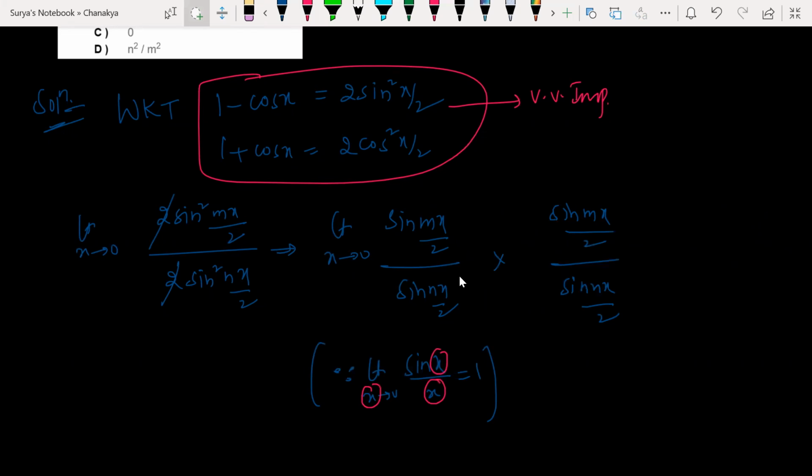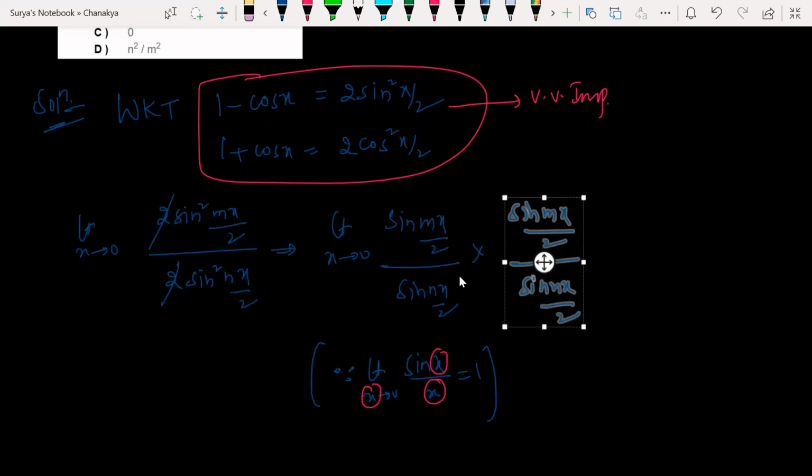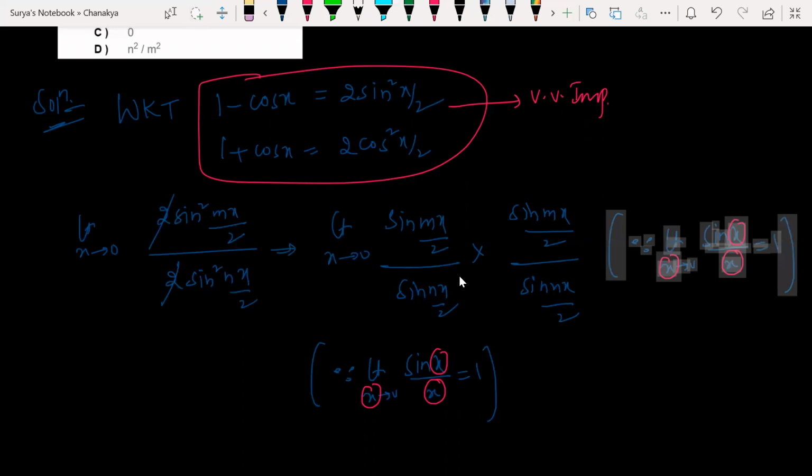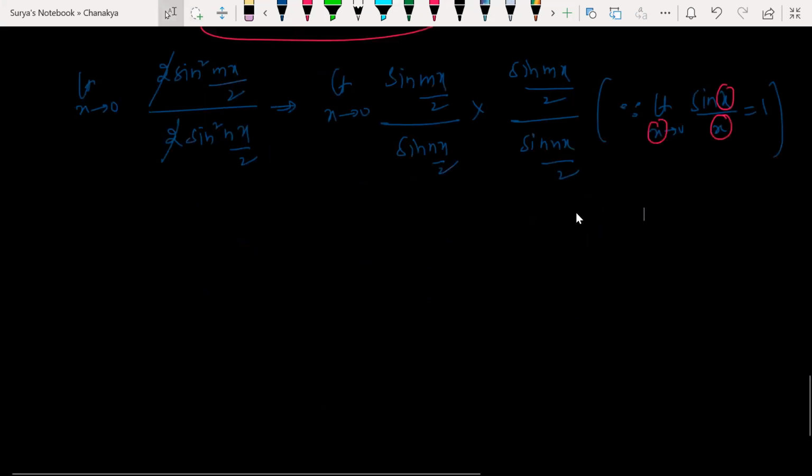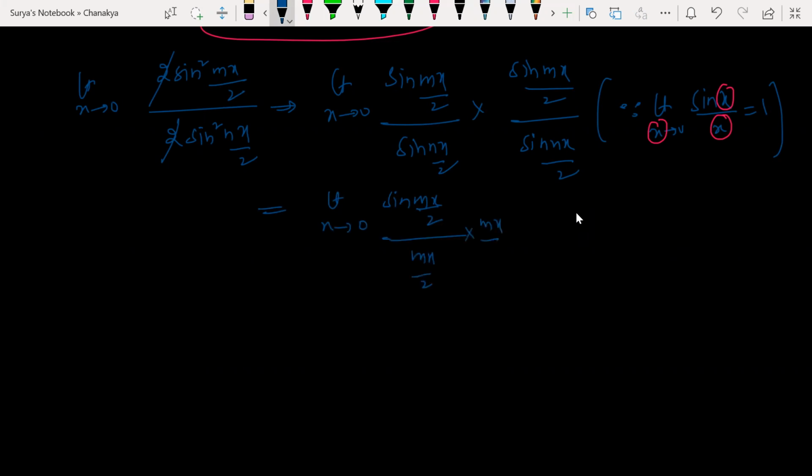For getting into that, can I multiply and divide with mx by 2 here? So limit x tends to 0, sin mx by 2 by mx by 2. Multiply and divide. ठीक है?